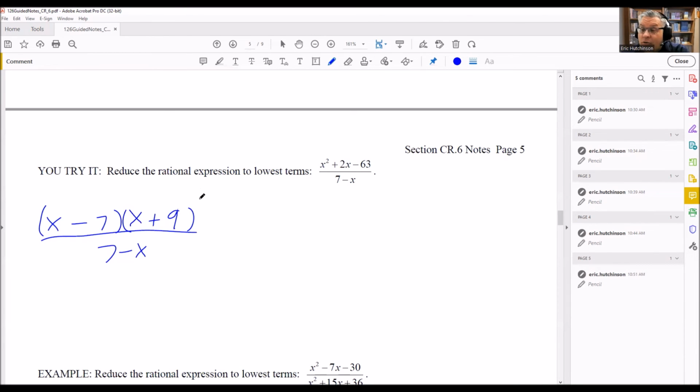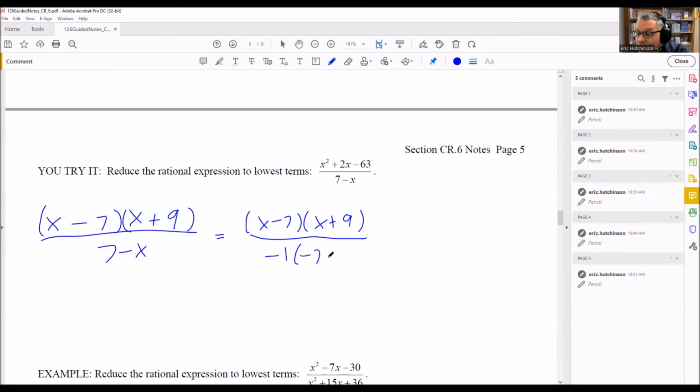We're going to do the same thing that we just did for the previous problem. Whenever you see that we have x minus 7 and 7 minus x, the same thing except the order is reversed, we're going to factor out a negative again. Now, you could actually factor a negative out of the top as well if you wanted to, but I'm just going to stick with the bottom. On the bottom one, I'm going to factor out a negative 1, and that basically just changes the sign of both of these here.